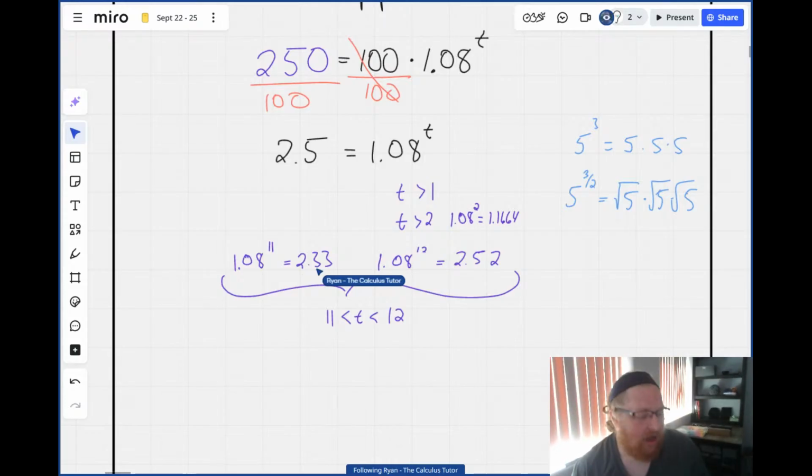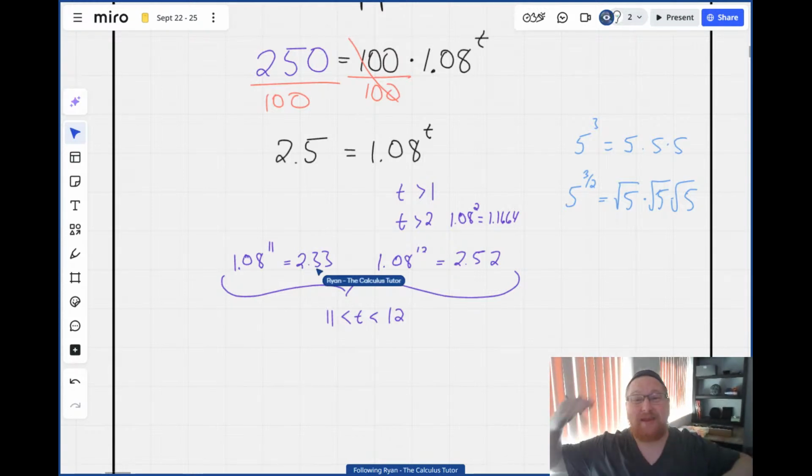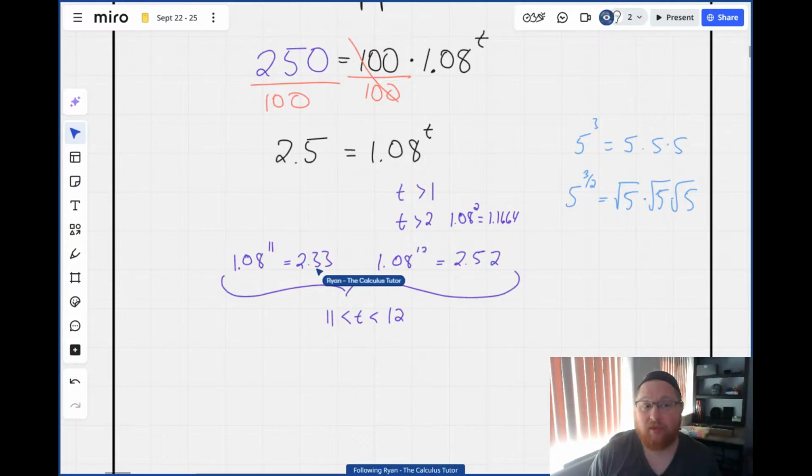This is essentially a binary search that's happening here. And we can get as many decimals of accuracy as we want, but it's tedious. I don't want to say that there are good ways to summarize this that math teachers and students would like, but you can summarize it with computer programming.